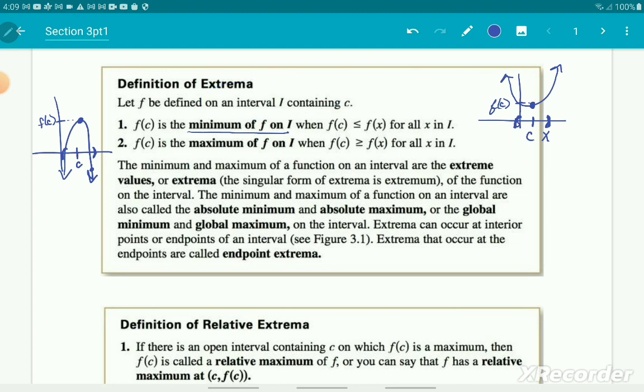It could be a small interval from A to B, or it could even be a closed interval from A to B. Now, if we're talking about the highest point on the graph or the lowest point on the graph, then we are talking about absolute mins and absolute max.